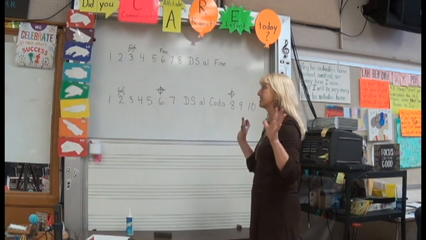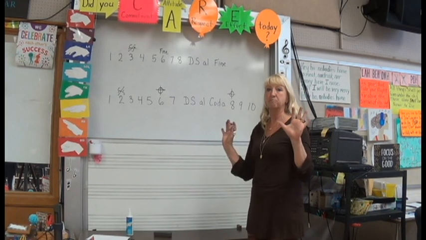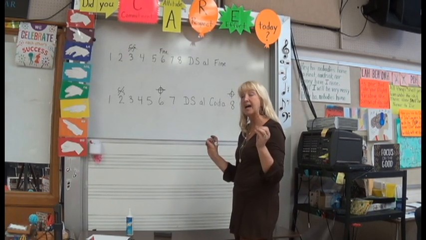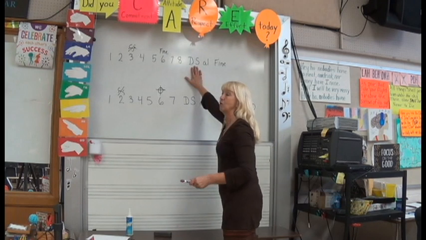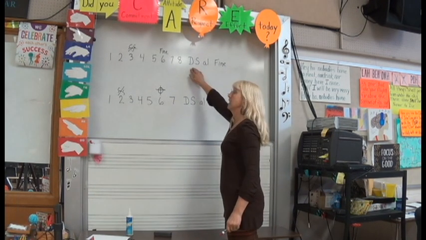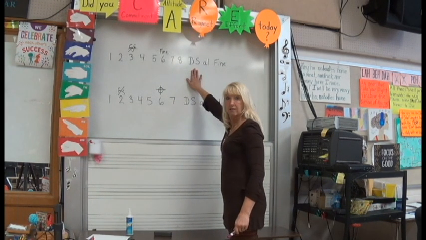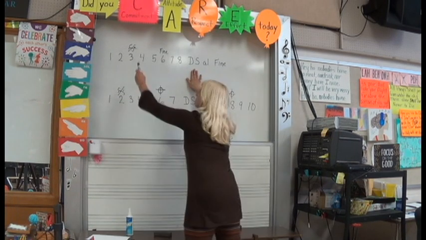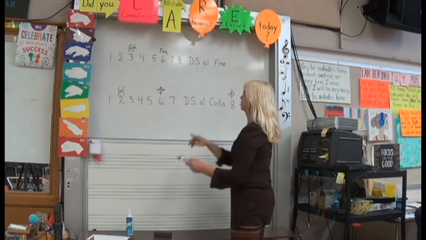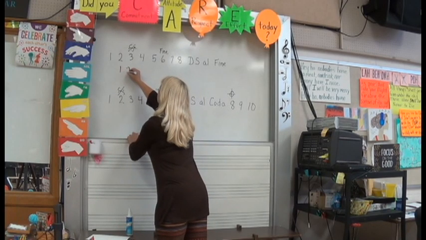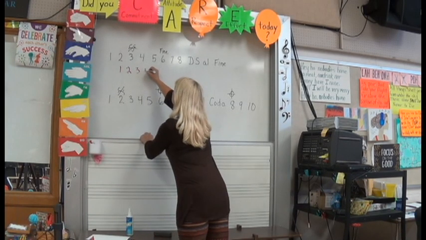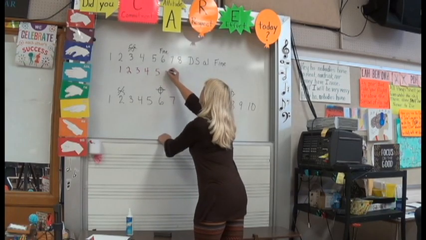Okay, here's our last and final ones. And these can be a little tricky, so you really have to think through this. So we have DS. What does DS mean? Right, go back to the sign, which is this silly thing right here. So let's see if we can do this. 1, 2, 3, 4, 5, 6.